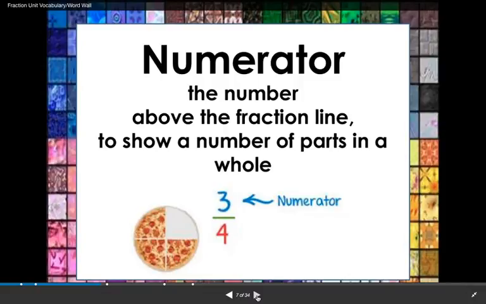Now in a fraction we have 2 different numbers. We have this number on the top and this number on the bottom. So the numerator is the number that's on the top, and it shows how many parts are in the whole.